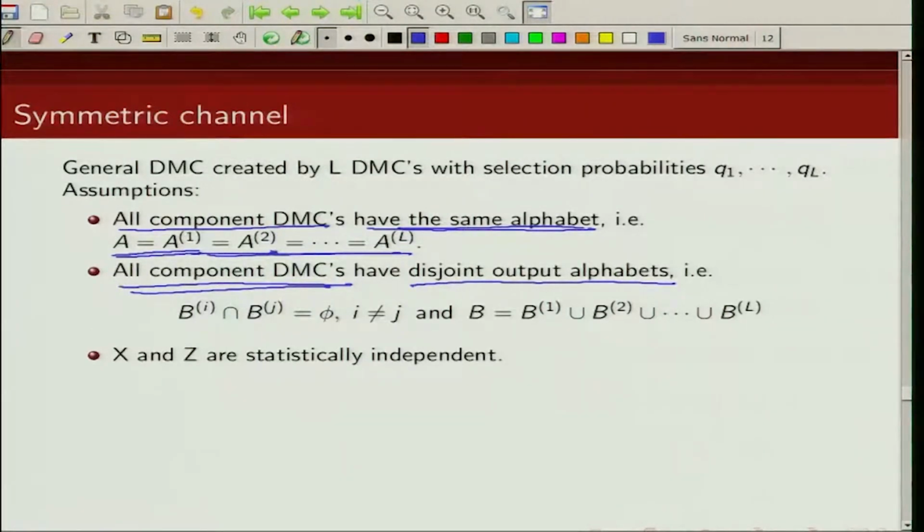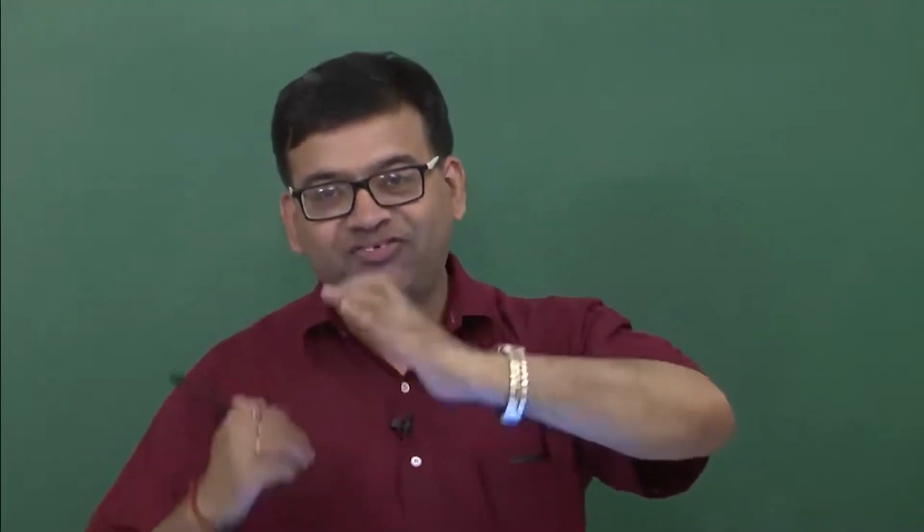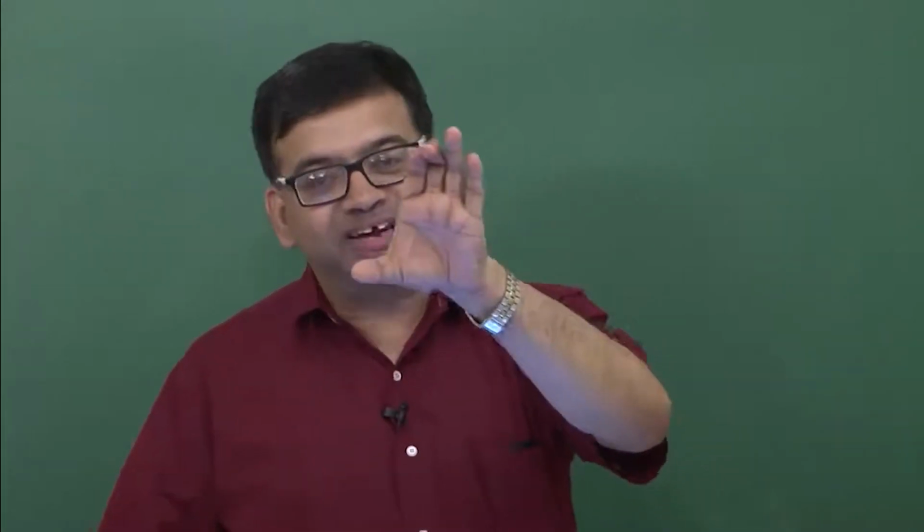When we partition them into L channels, the output letters are disjoint, so if an output letter appears in one particular set, it does not appear in any other set.